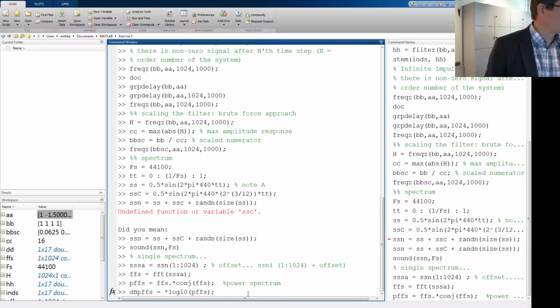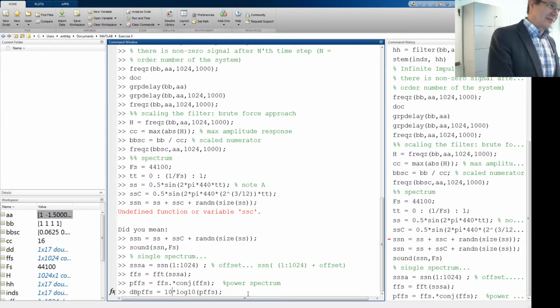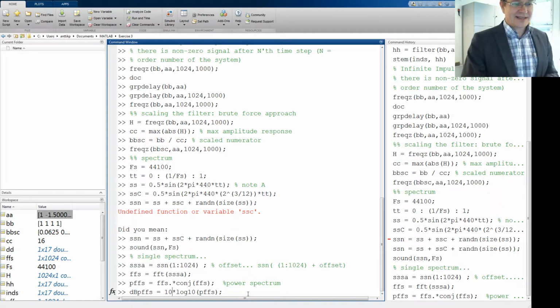Which one? 20. No. Guess the other one. If it's power spectrum, it's already power. So FFT is basically still on amplitude scale, but when you multiply it with the complex conjugate, you get into the power scale, and that's actually the power.